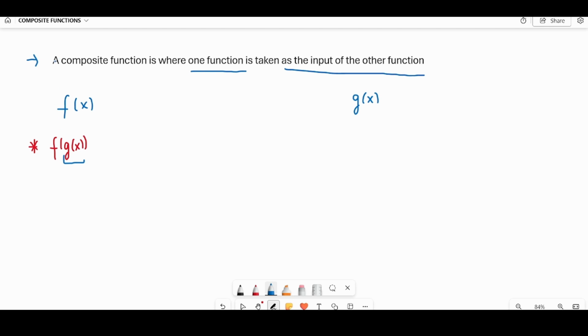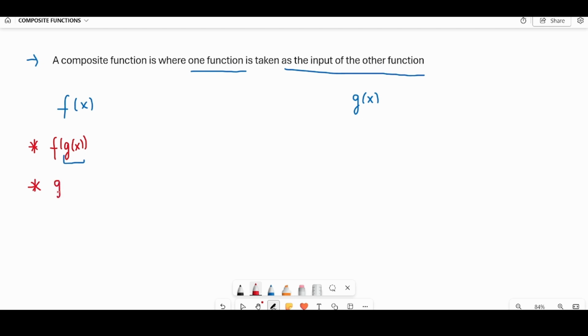And that is the same thing that we have written in the definition. That is, a composite function is where one function is taken as the input of the other function. And that's the same thing happening in the first example, where f is the main function and its input is g of x.